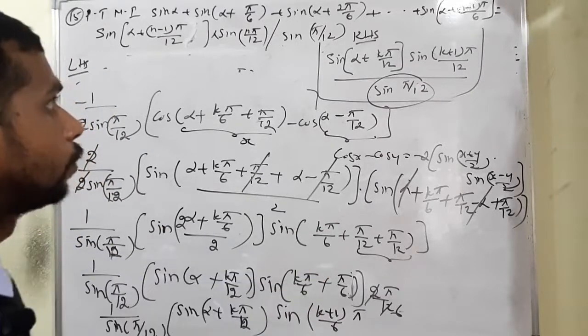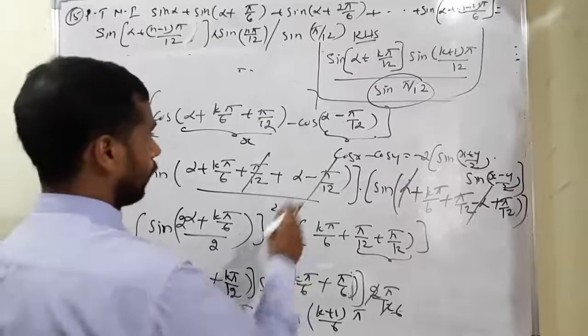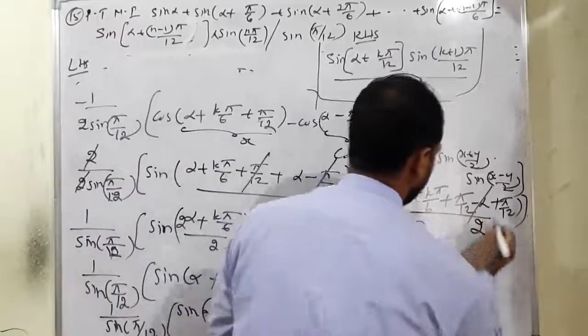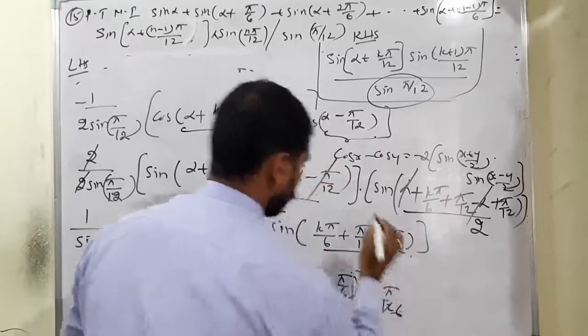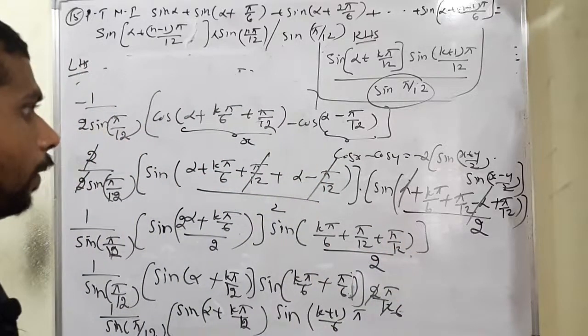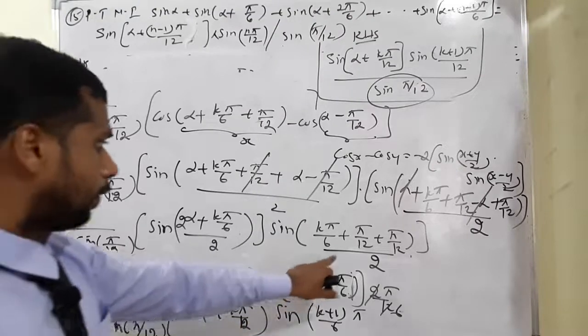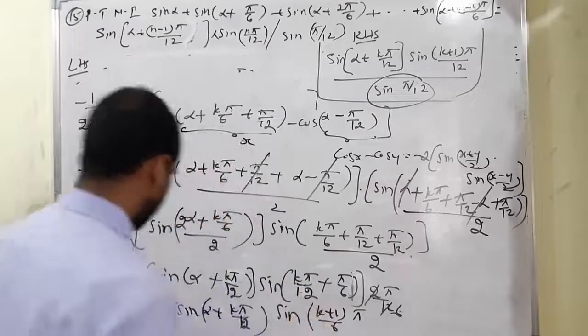So outside the 12 will come. Sorry my dear, actually the whole term divided by 2, no? Here the whole term divided by 2, so definitely the term will be k pi by 12. Here actually k by 12.